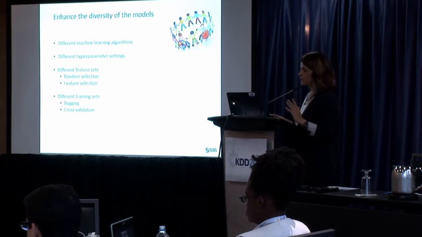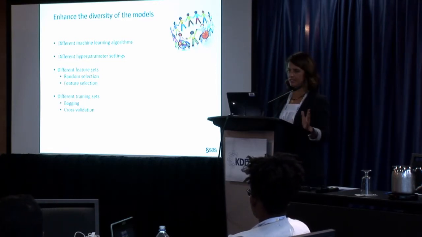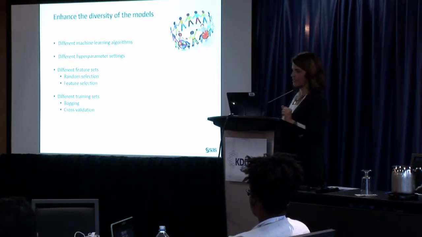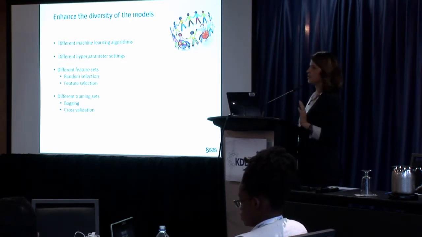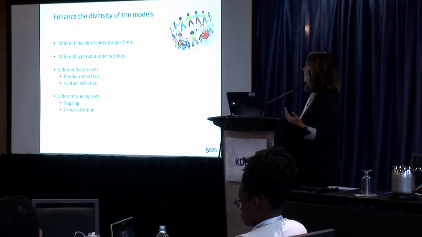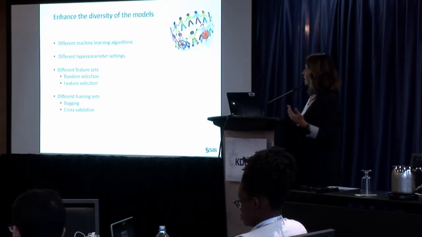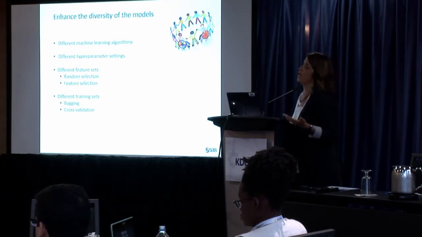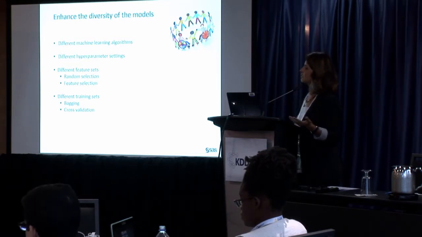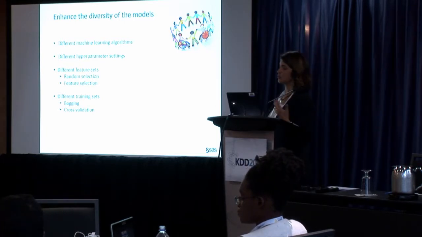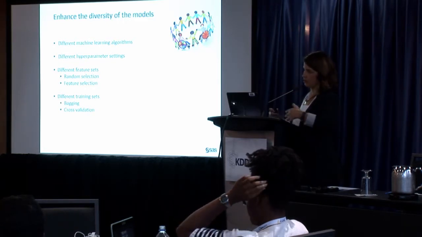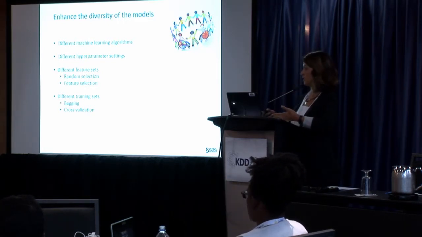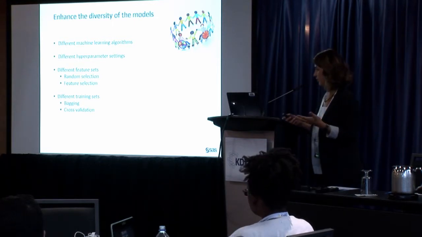So to build a powerful predictive model like this, diversity is the key. And there are various ways to enhance this diversity using different machine learning algorithms. For example, if you have decision tree models, like gradient boosted models or forest models, it's always a good idea to put a factorization model there because it's trained in a different way.